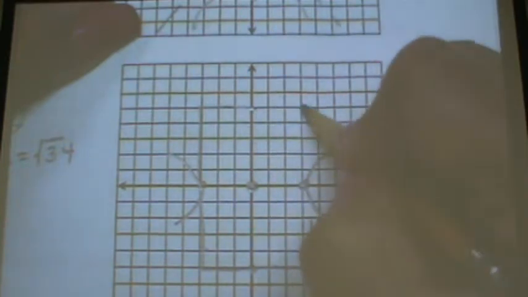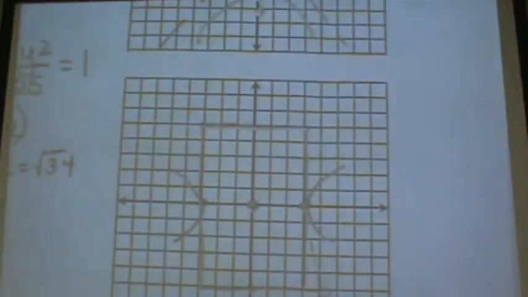Oops, sorry, went too far. This blue box has nothing to do with the graph, it's to help you get your asymptotes. There are your asymptotes. So really your graph is looking like this.